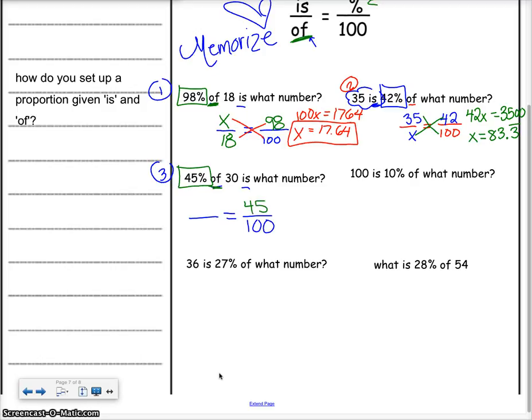So of is on the bottom, and I'm looking for the is on top. And then I do my cross product. 100x equals 45 times 30 is 1350. Divide it by 100, and you get x equals 13.50.